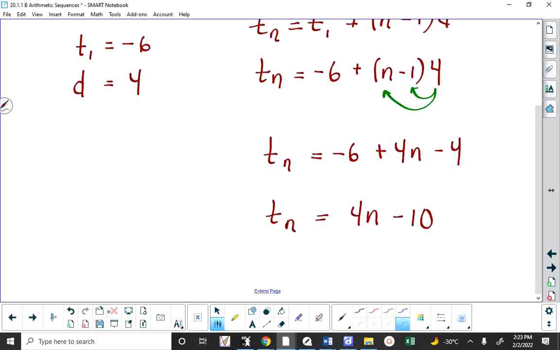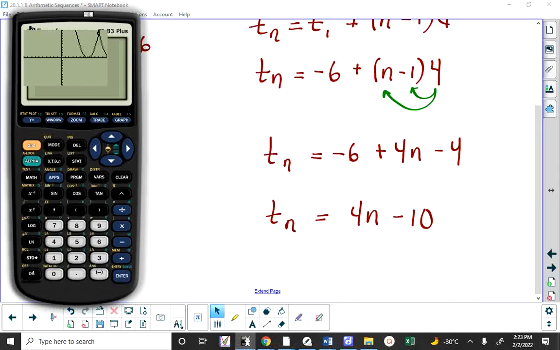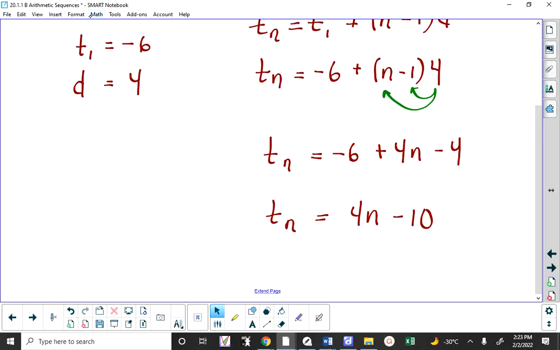And just to confirm that this works, we don't have to do this. But if, well, that's a glitch, isn't it? I don't know what to do with that. There we go.